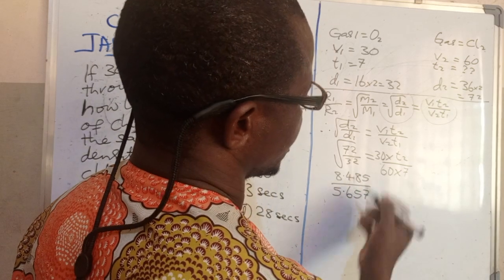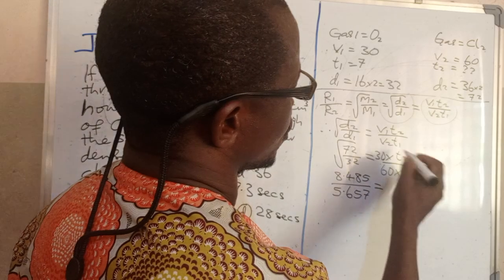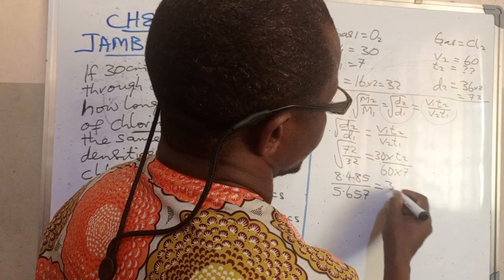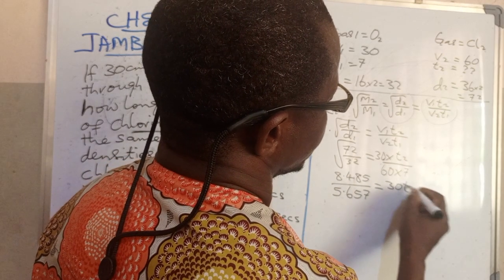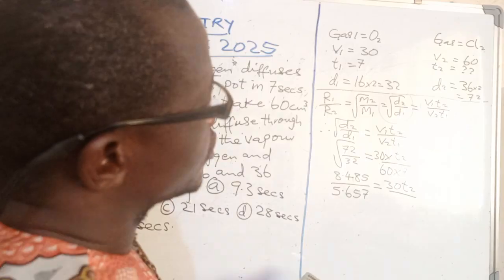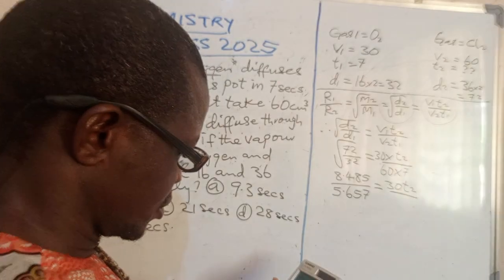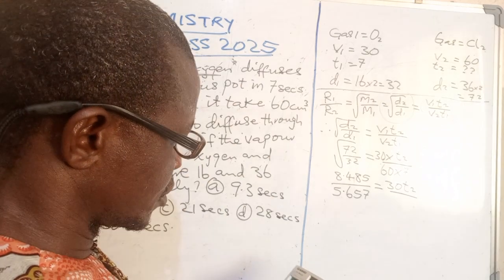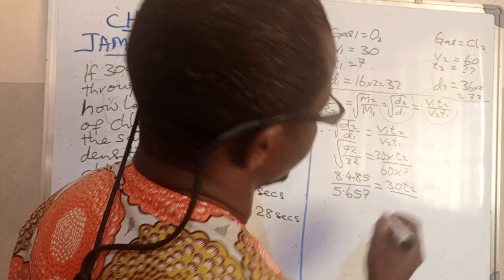I approximated them. So 8.485 over 5.657 equals 30 T2 all over 60 times 7, which is 420.